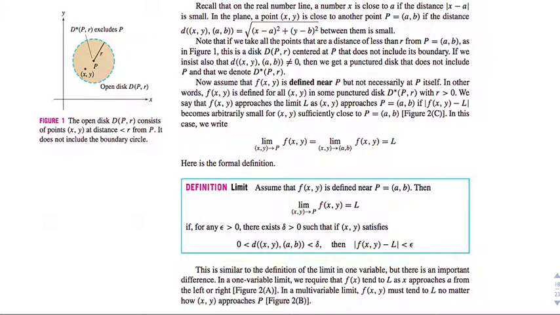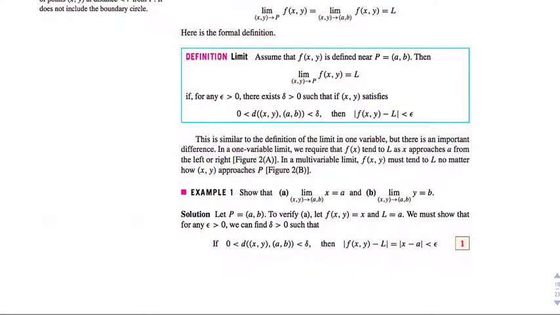In this case, the limit as x, y approaches P, which is a comma b, of our function value is equal to some L.